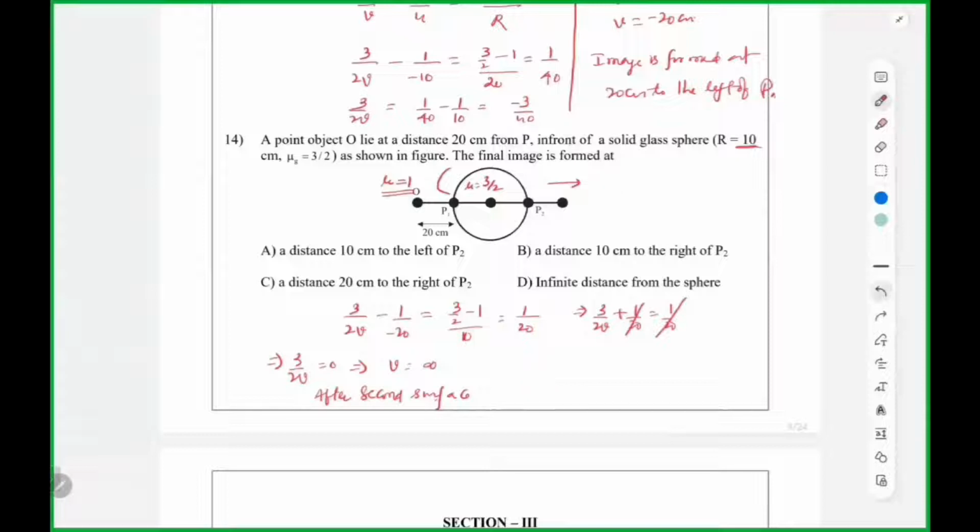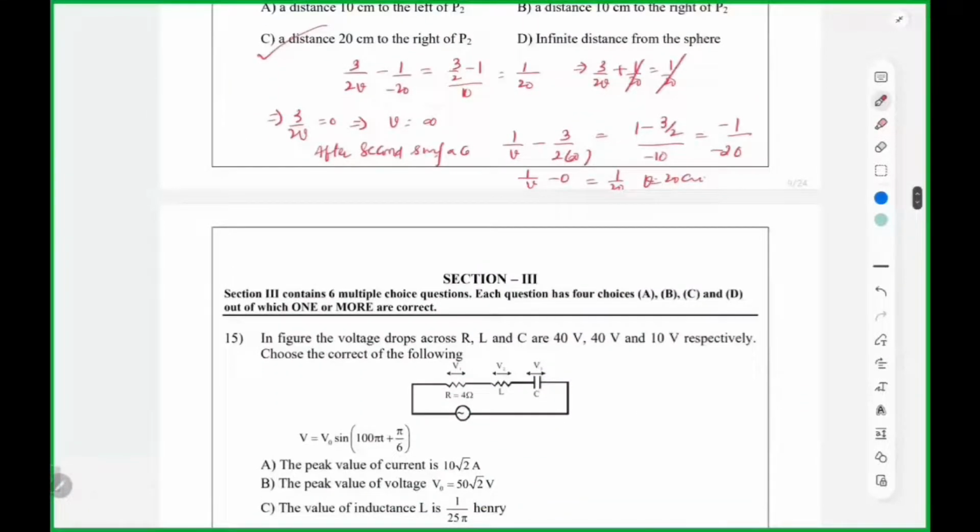So 1 by v minus 3 by 2, object is at infinity, 1 minus 3 by 2 by R, that is minus 10. So 1 by v minus 0 equal to minus 20. That means v here is 20 centimeters, at a distance of 20 centimeters to the right of P2.